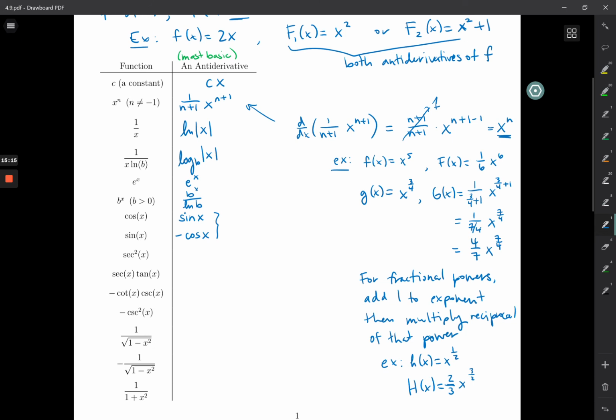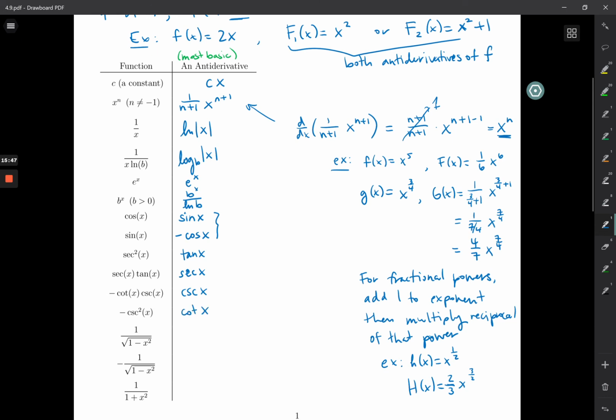Okay, and now we have the rest of the trig functions. This one is going to be tangent. Here we have secant, cotangent. Oh, sorry, I got this mixed up. Cosecant. And cotangent.